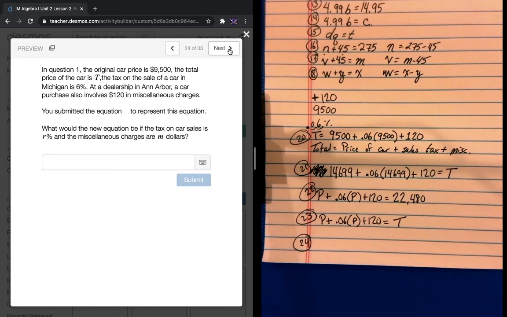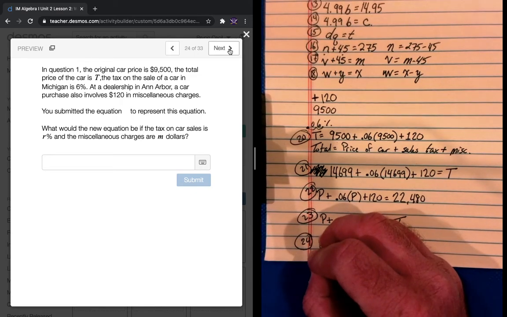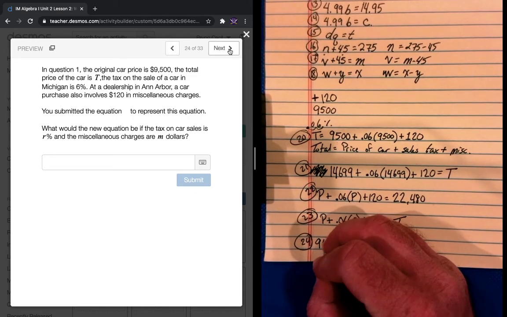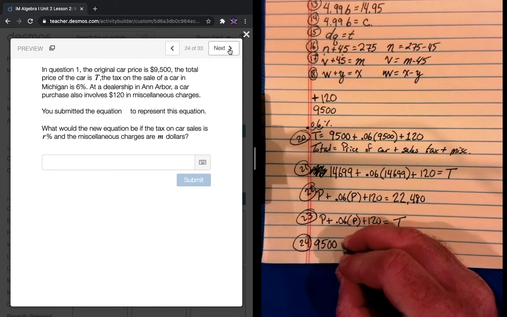All right, now this is tough because what I'm about to tell you is this. It's not already a percentage. Okay, so that R, we don't know what that is. So if that's 12%, we're going to have to do something to that R. So really, guys, we know that the price is 9,500 plus.